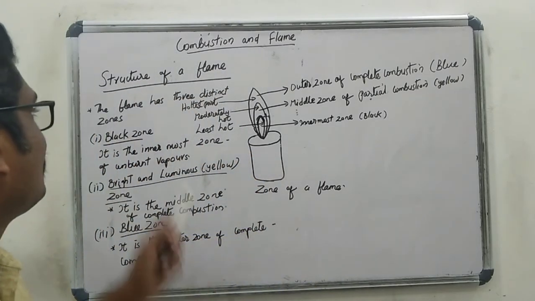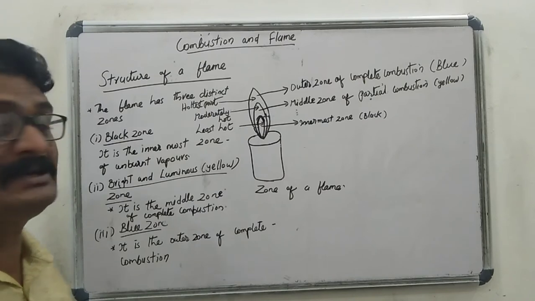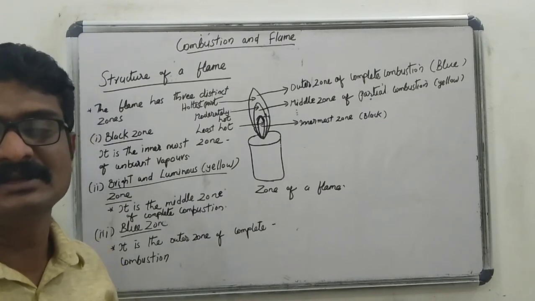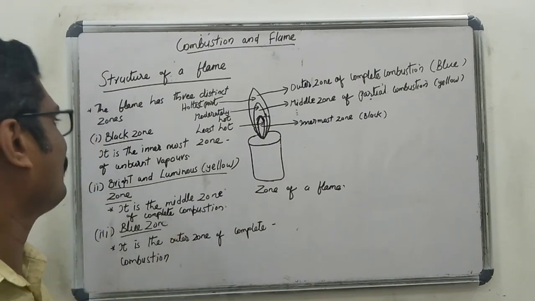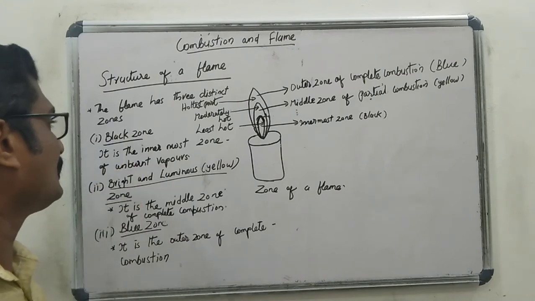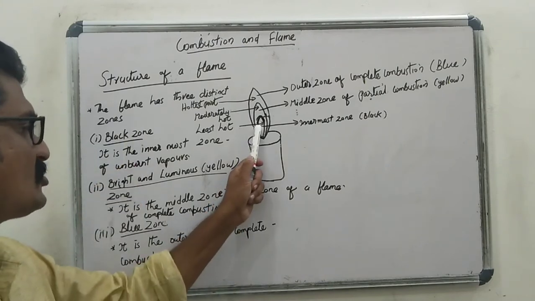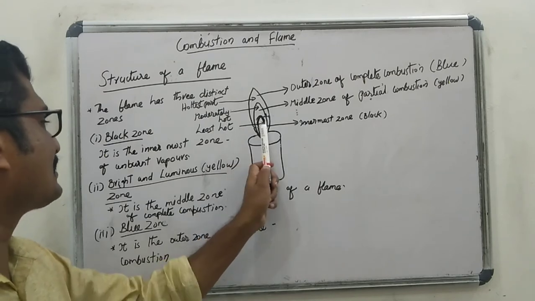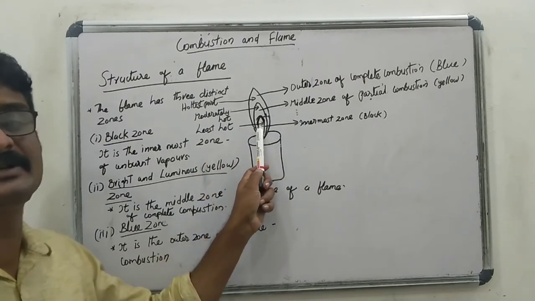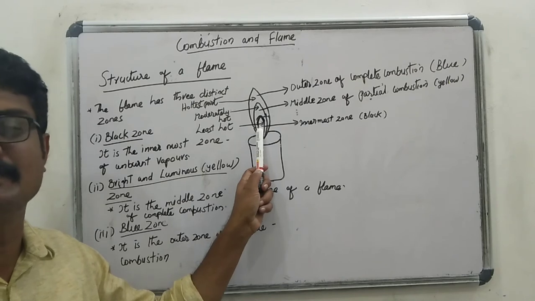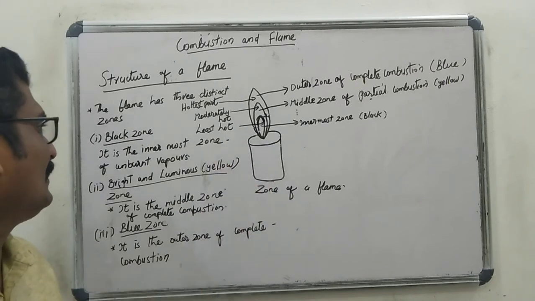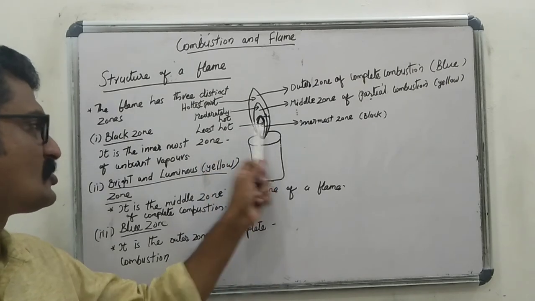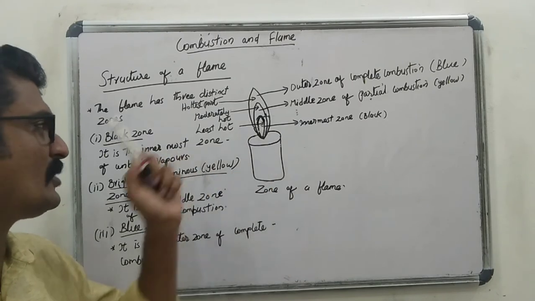The flame has three distinct zones. The first one is the black zone. It is the innermost zone of unburned vapors.